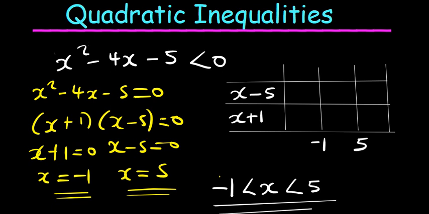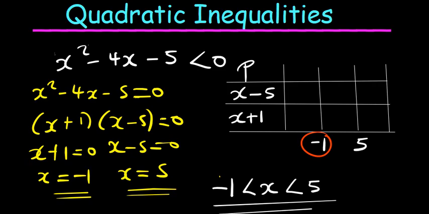Then what were they doing? They were multiplying here. So because they were multiplying, we're going to find the product on top of the signs. So these are going to act as a demarcation of signs. Now the equation that gave us -1 is x plus 1.